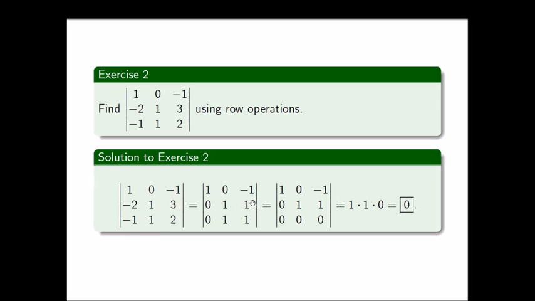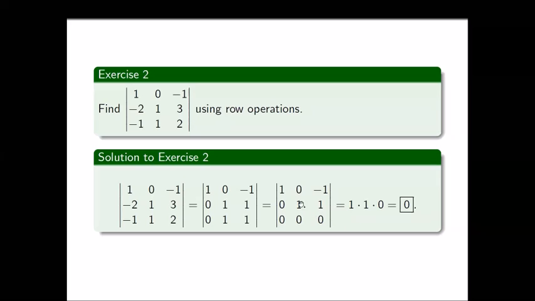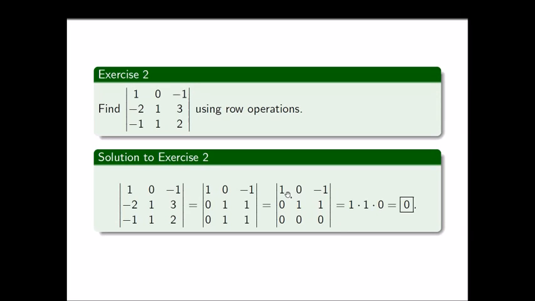Then we get row 2 and row 3 to be the same, and then we can subtract row 2 from row 3, thereby getting a row of zeros in the last row. And now this is an upper triangular matrix. We can compute its determinant, and it's just going to be 1 times 1 times 0, and that's just 0.